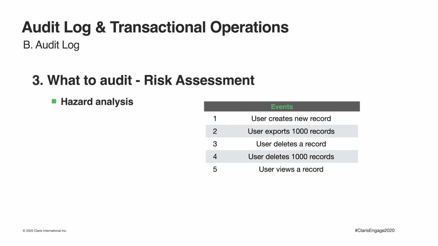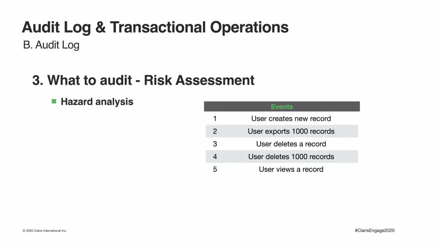In the following table, there are some examples of events. Which event would you say is most significant? User creates new record, user exports 1000 records, user deletes a record, user deletes 1000 records, or a user views a record.